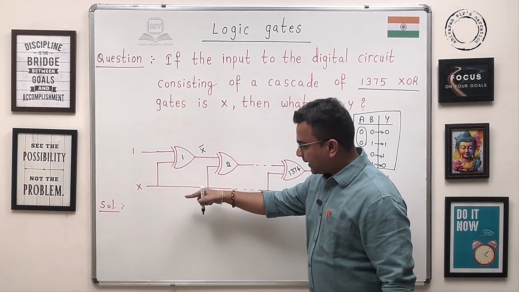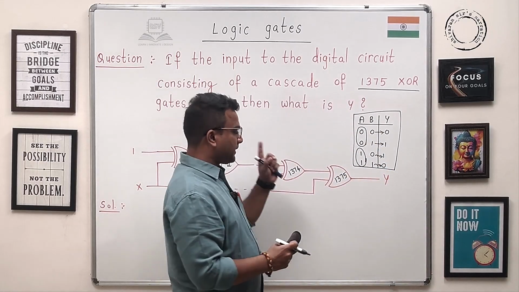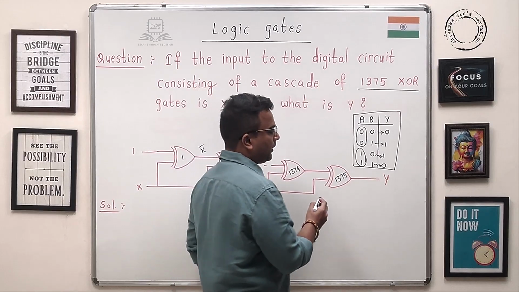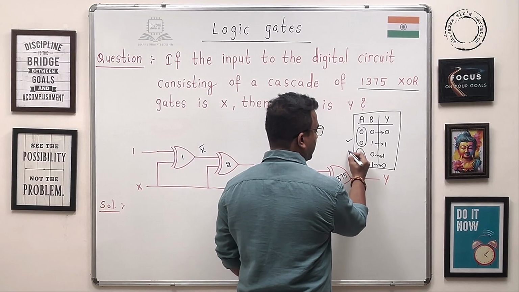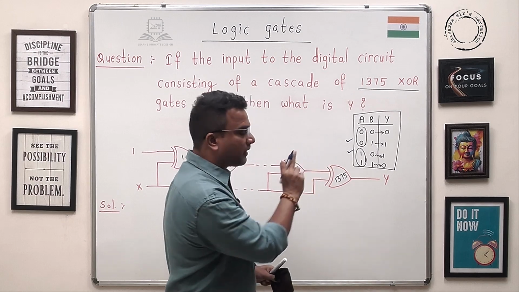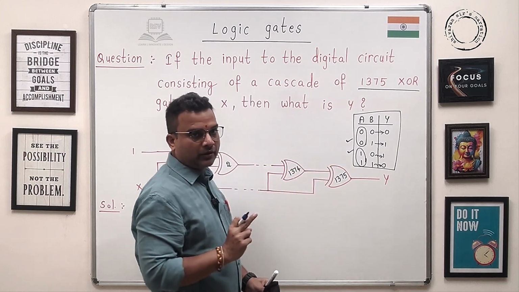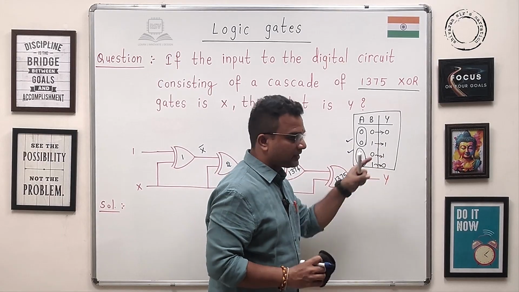Similarly, now X bar, guys, from the same table, you may get either this combination or this combination, because if one of the inputs is 0, then the other input will be 1, 0. Hence, for these combinations, output is logic 1.